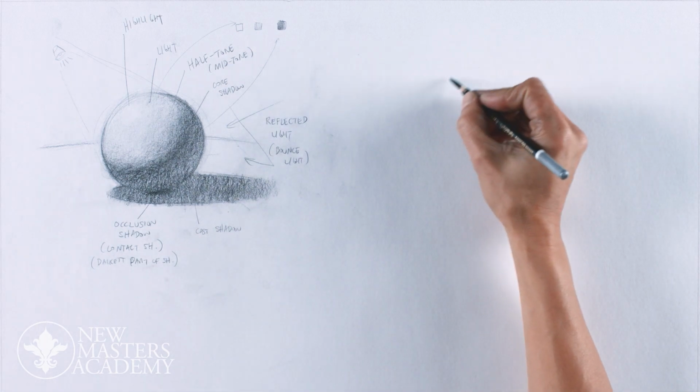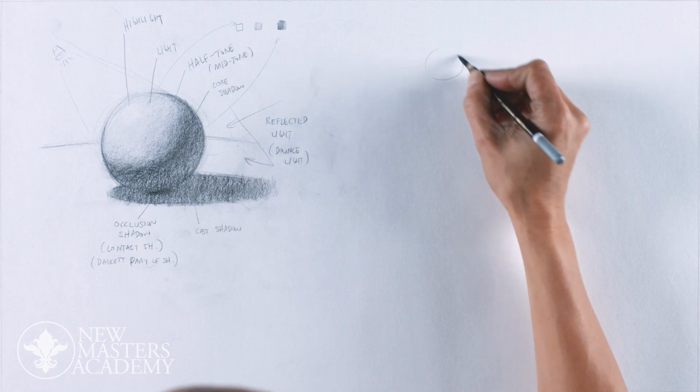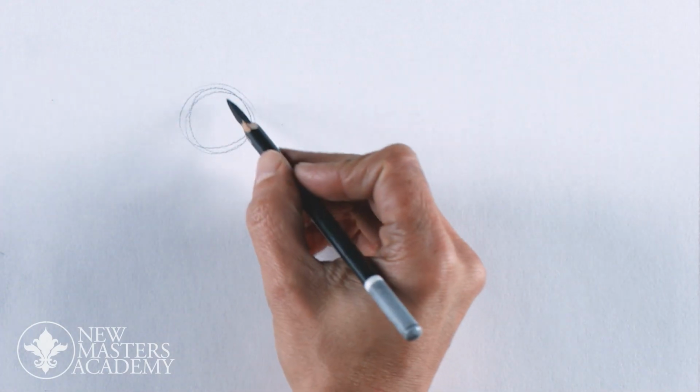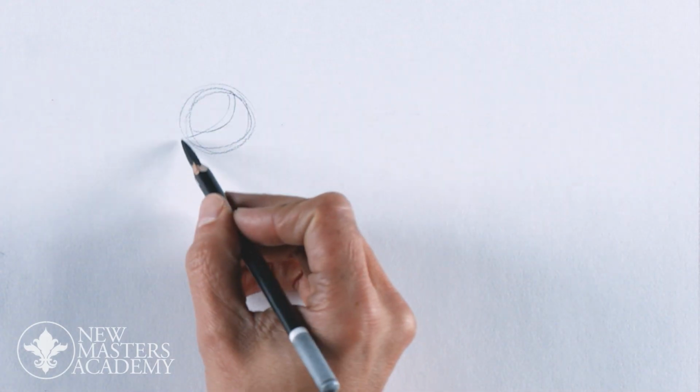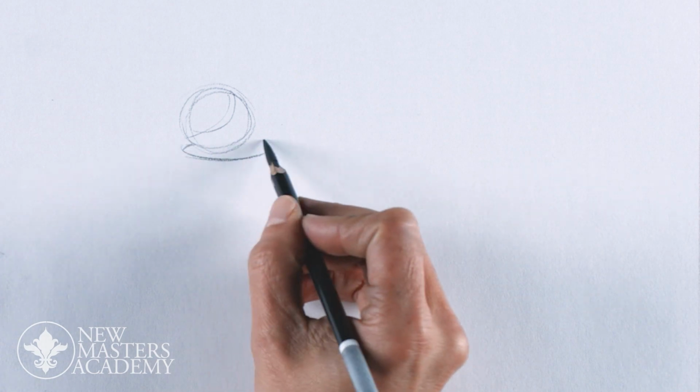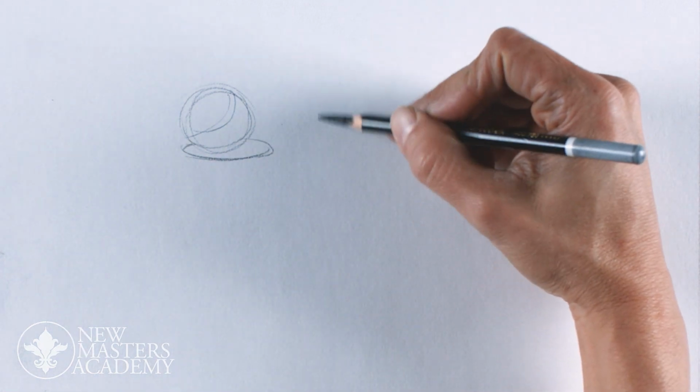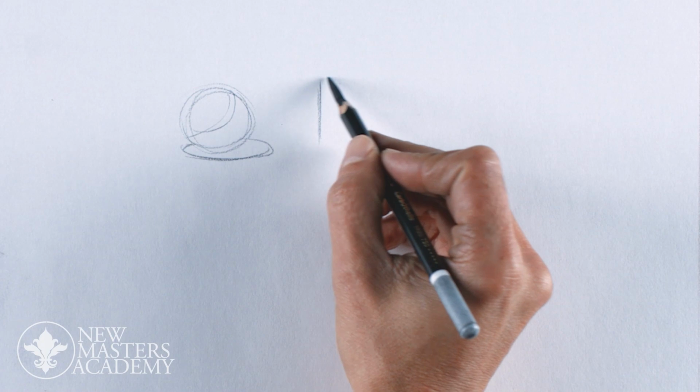And obviously, the simplest way to do that is keep them grouped together as either light or shadow. And I'm going to draw a couple different forms here so you can maybe help demonstrate this better.